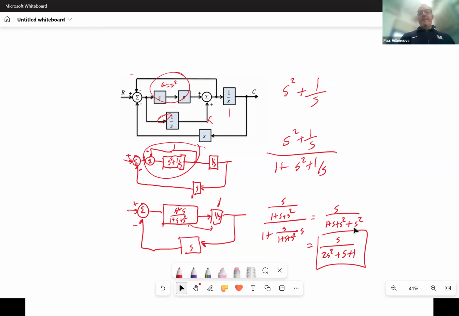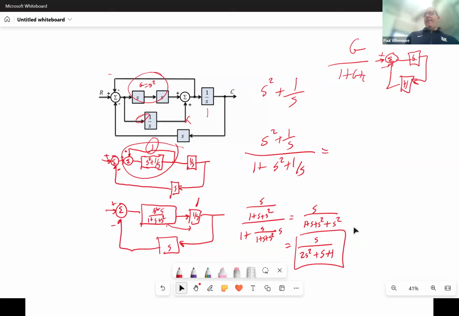Whatever was in the box, it's G over 1 plus GH. When you do a feedback that does this, that's G, and that's H. So you have to do the G over 1 plus GH. In this case, my H is equal to 1.